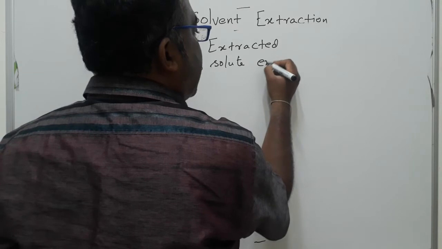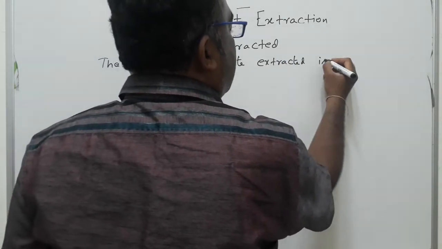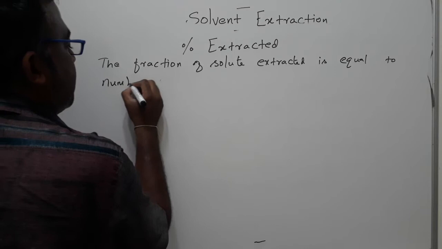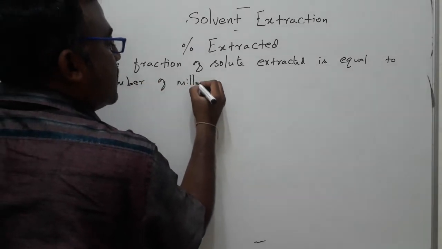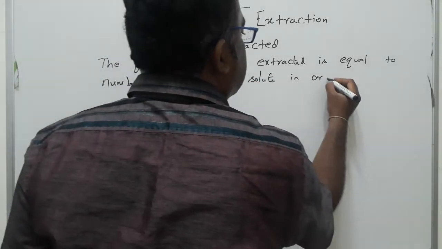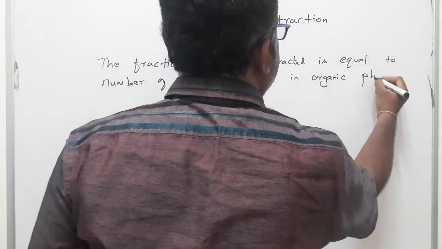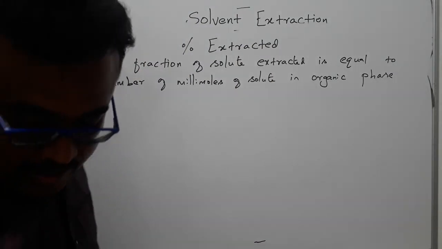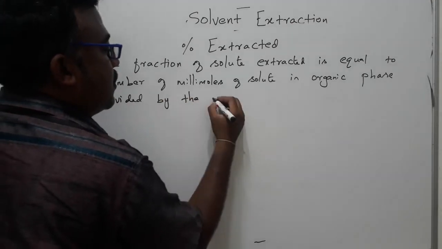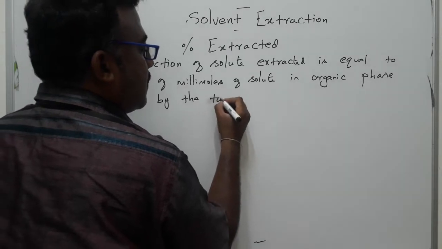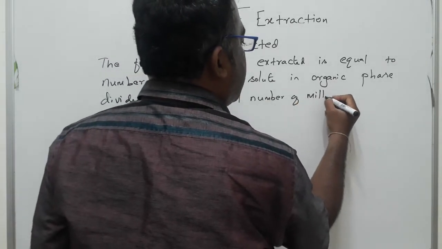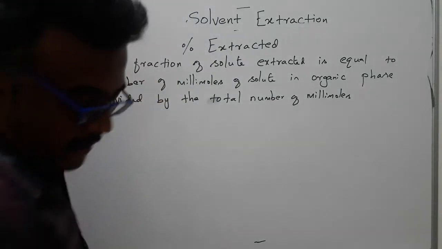The fraction of solute extracted is equal to the number of millimoles of solute in the organic phase divided by the total number of millimoles of solute.